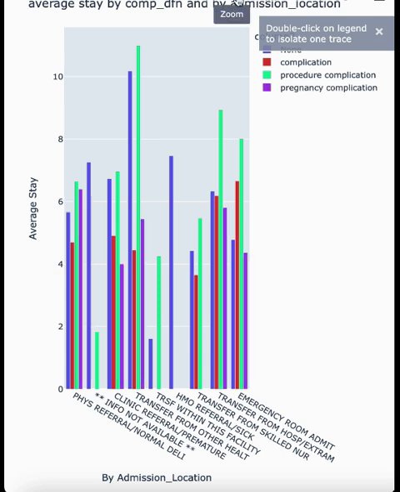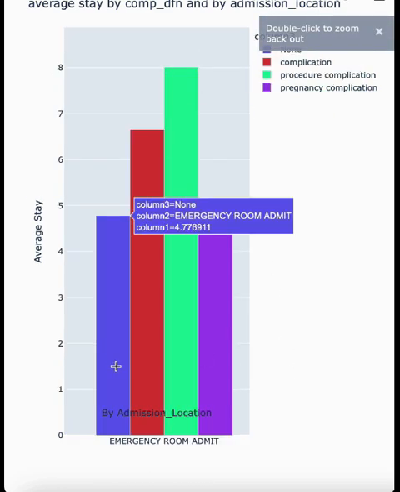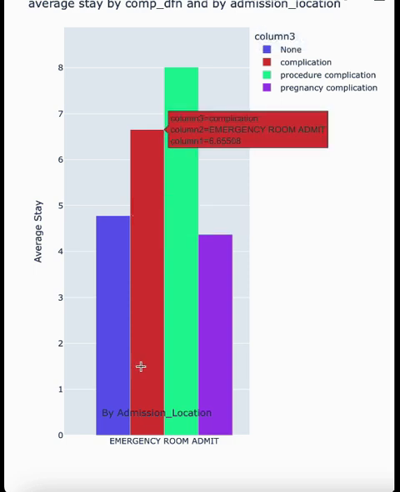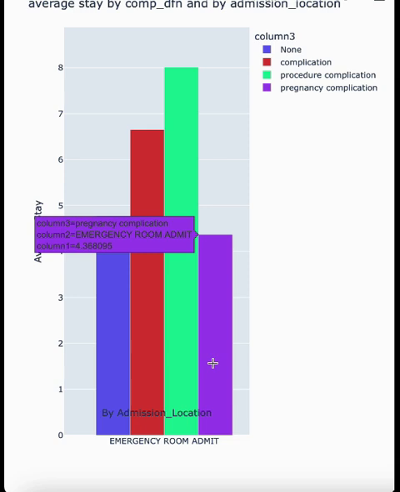And each group bar chart, bear in mind, you can zoom in and have a look at the different departments. So in this case, we've got emergency room admits, and you can have different numbers in different departments with the different type of complications.